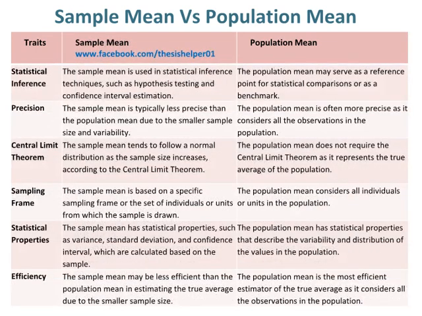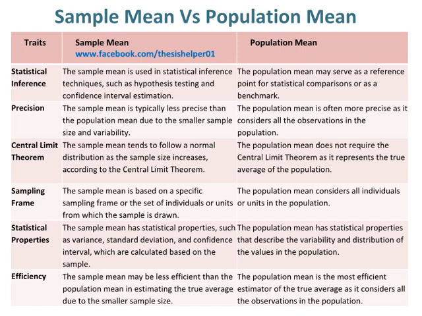The sample mean is used in statistical inference techniques, such as hypothesis testing and confidence interval estimation. Whereas, the population mean may serve as a reference point for statistical comparisons or as a benchmark. The sample mean is typically less precise than the population mean due to the smaller sample size and variability.